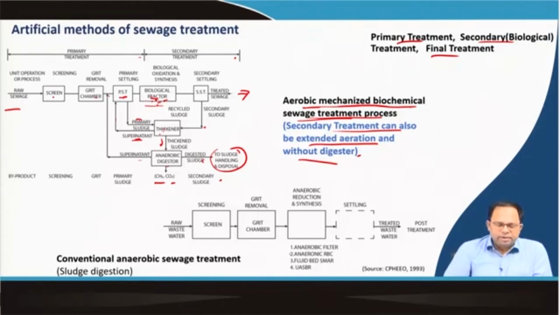So, this is another system, a conventional aerobic sewage treatment, where sludge digestion is not there, which has to be added. So, we have this screen, grit chamber, and then without any primary treatment we can directly have this kind of treatment where anaerobic reduction and synthesis can take place, where we can have an anaerobic filter or anaerobic RBC. Then we have a UASBR, that means upflow, then sequential batch reactor and so on.